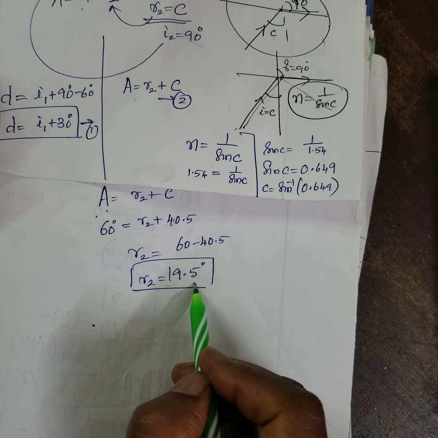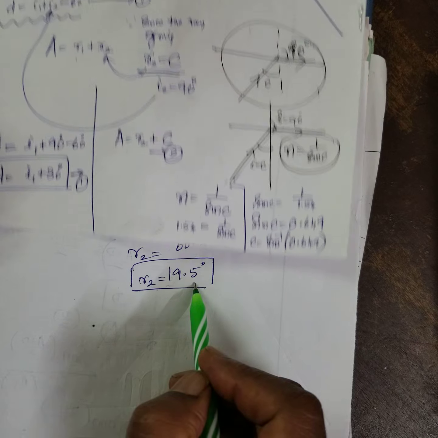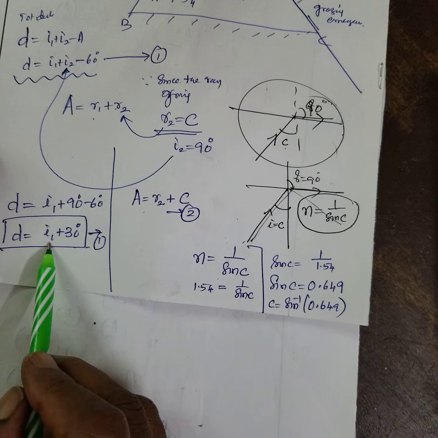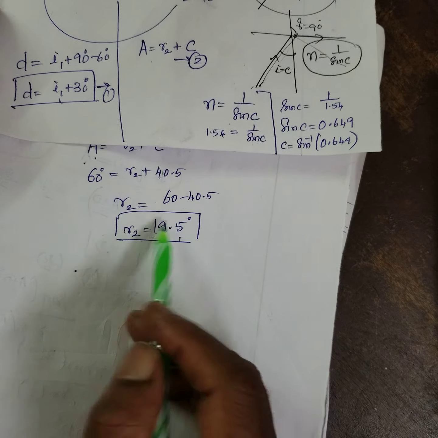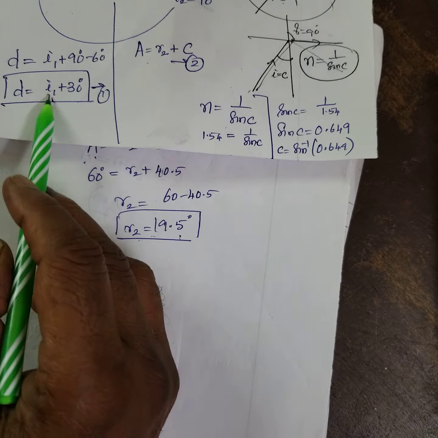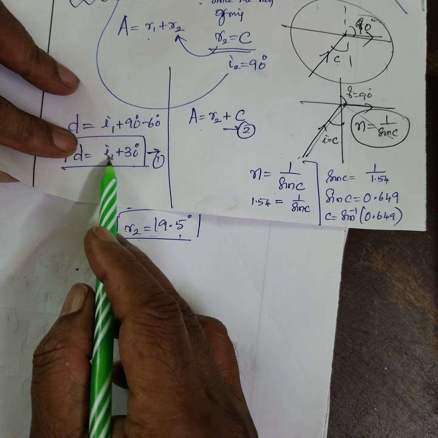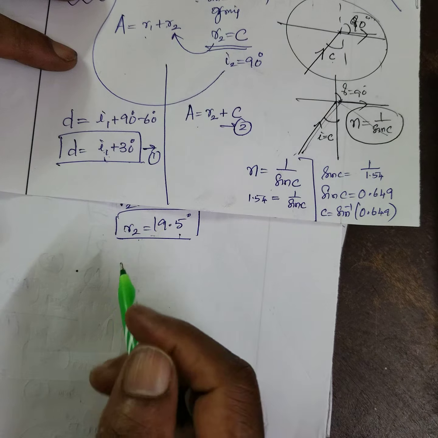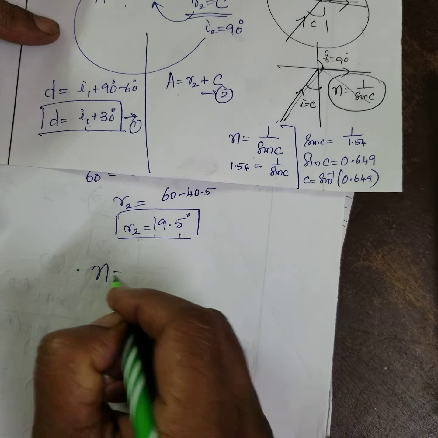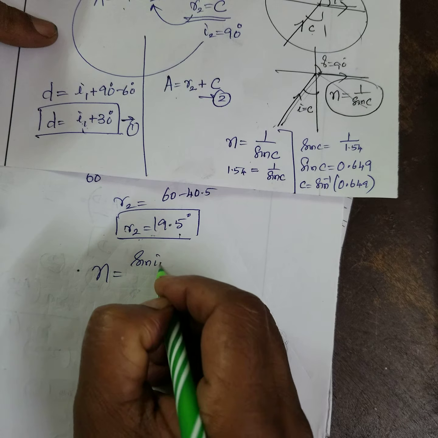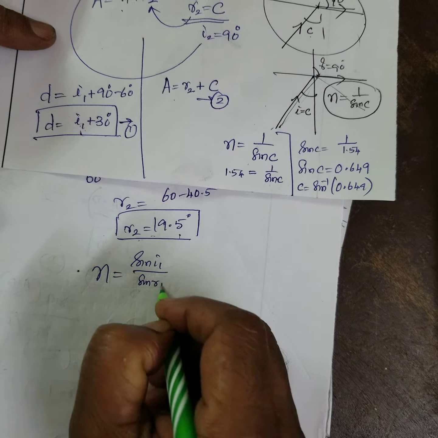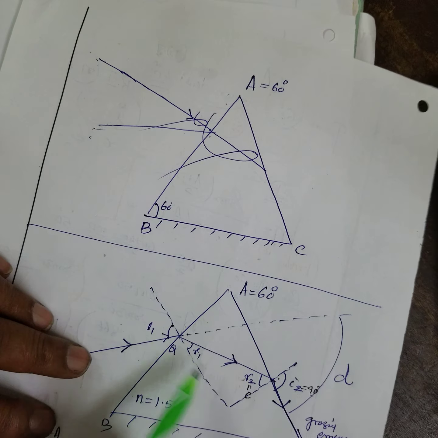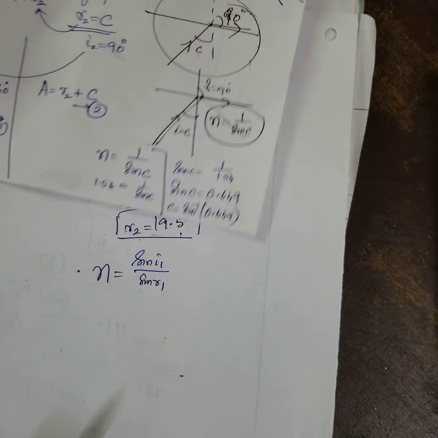Right, R2. Now what are we supposed to find? What are they asking? They are asking for the deviation, is it not? But you know, n is equal to sin I1 by sin R1, correct? For the surface, n is equal to sin I1 by sin R1.